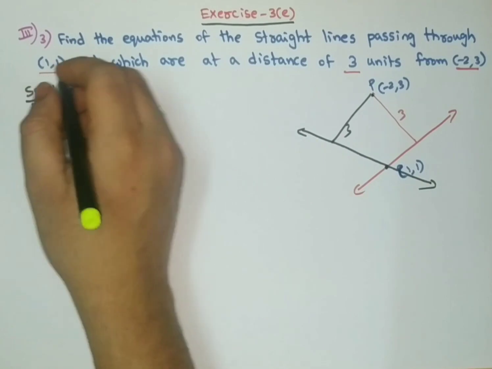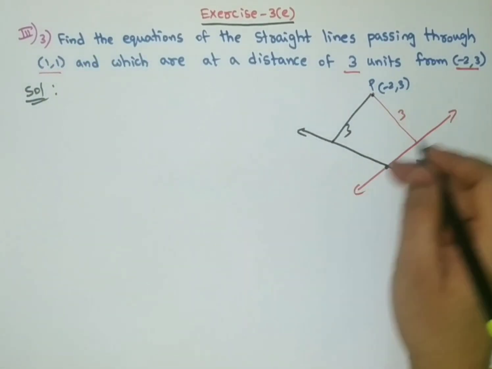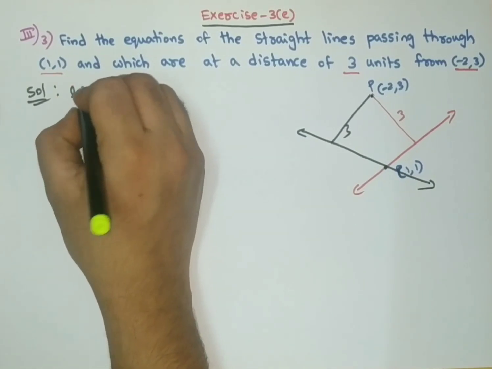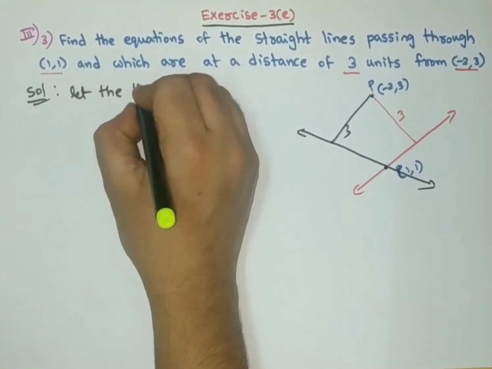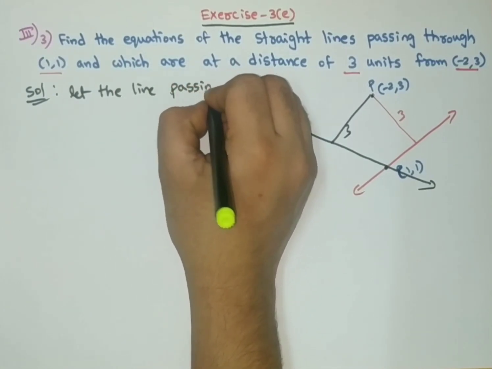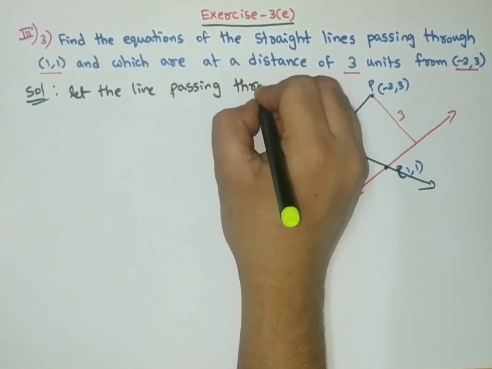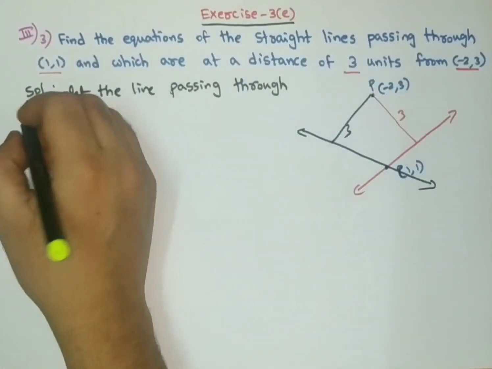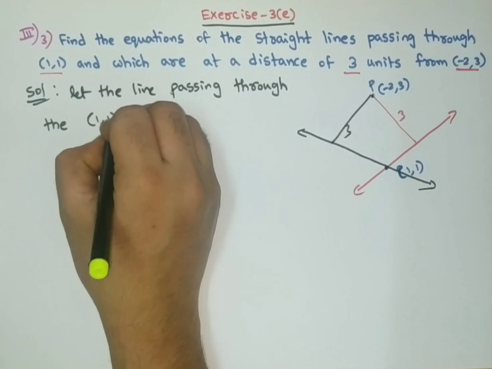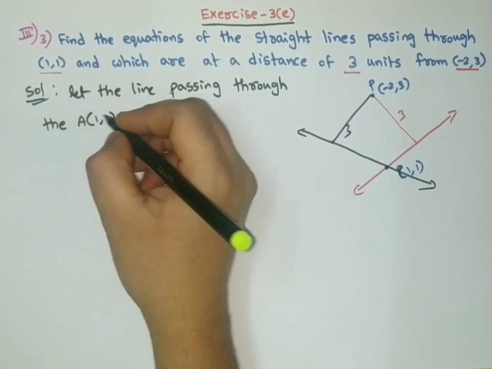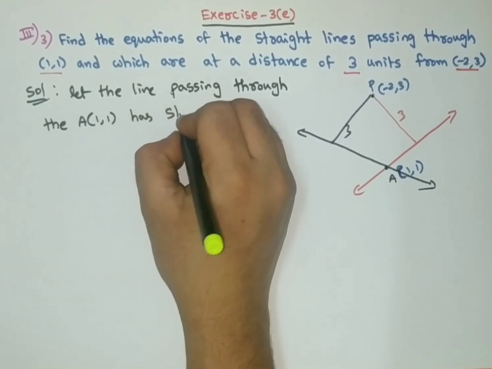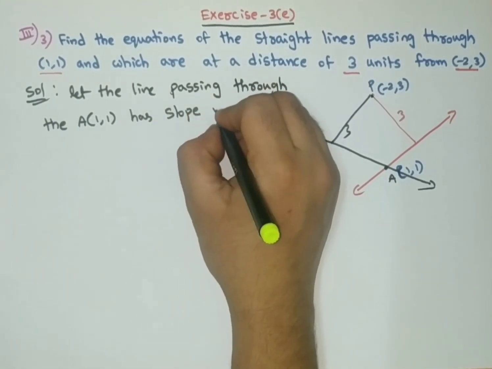First write down what is given. We need to calculate this line equation. Let the line passing through the point (1, 1), denote it by A, have slope m.